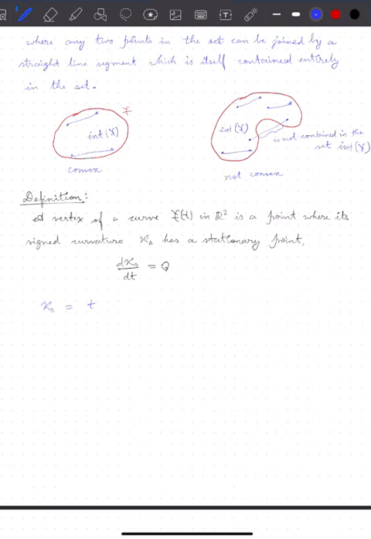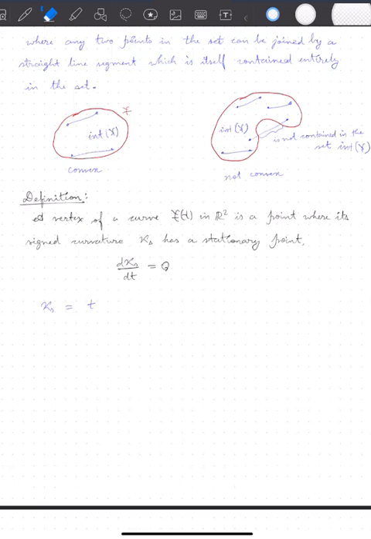We will find out in some time that we can construct a curve for any given signed curvature.